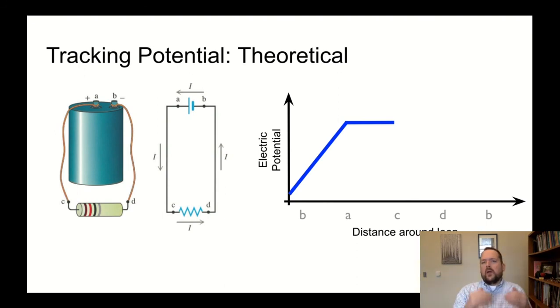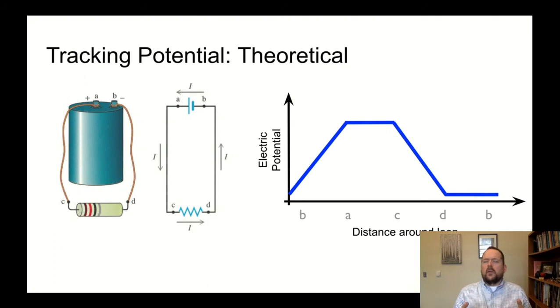So that is a place where energy is transferred from the charges to the resistor or to the light bulb, and the electric potential in the system drops. And in fact, it drops back down to whatever previous level it was, because D to B is another wire where the movement is quote unquote free in terms of energy, and the electric potential stays the same.